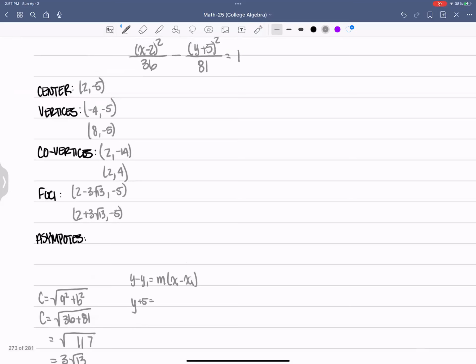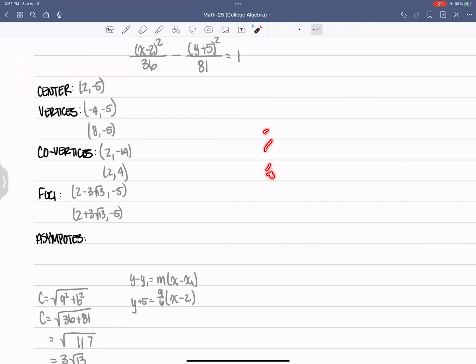So rise over run, difference in y over difference in x, 9 over 6, times x minus x1, still grabbing it from this point, x minus 2. So that's one equation of the line.